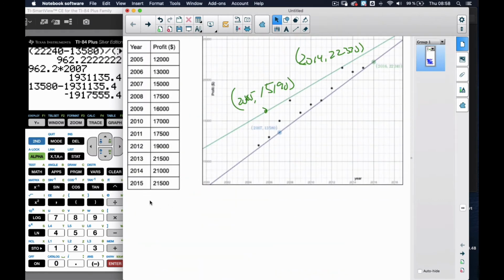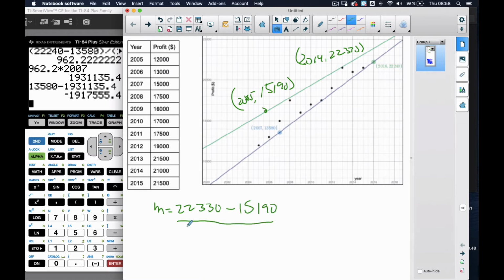Finding my slope is going to be 22330 minus 15190 over 2014 minus 2005. The key here is to recognize we want to capture all the points inside the lines so that it goes in the general flow of the data and all the points are captured above and below. And so we know the line of best fit is in between these two lines.